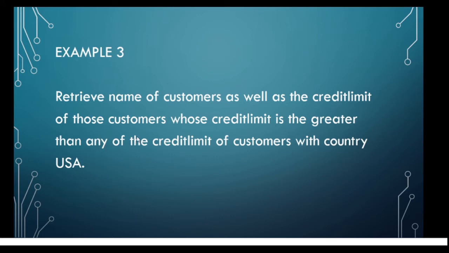So, let us try to comprehend this one. So, i-display daw natin lahat ng mga customers at the same time yung credit limit nila na ang credit limit ay greater than sa kahit na sino na customers na ang country ay USA. So, para mas maintindihan natin ito, let's go now to the query.